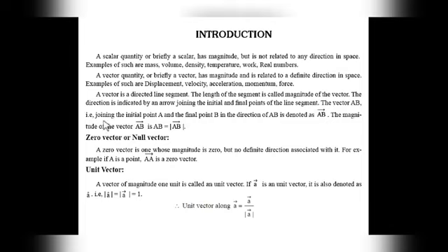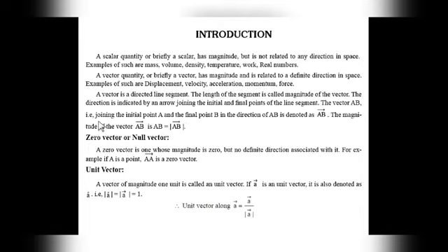The vector AB is a vector joining the initial point A and the final point B, in the direction of AB, denoted as vector AB. The magnitude of the vector is denoted by writing that vector in between two parallel lines.